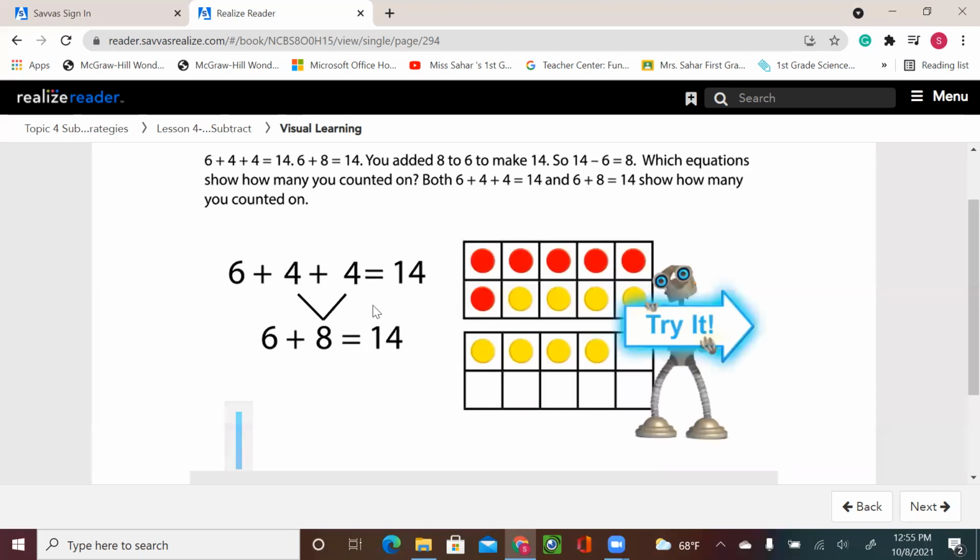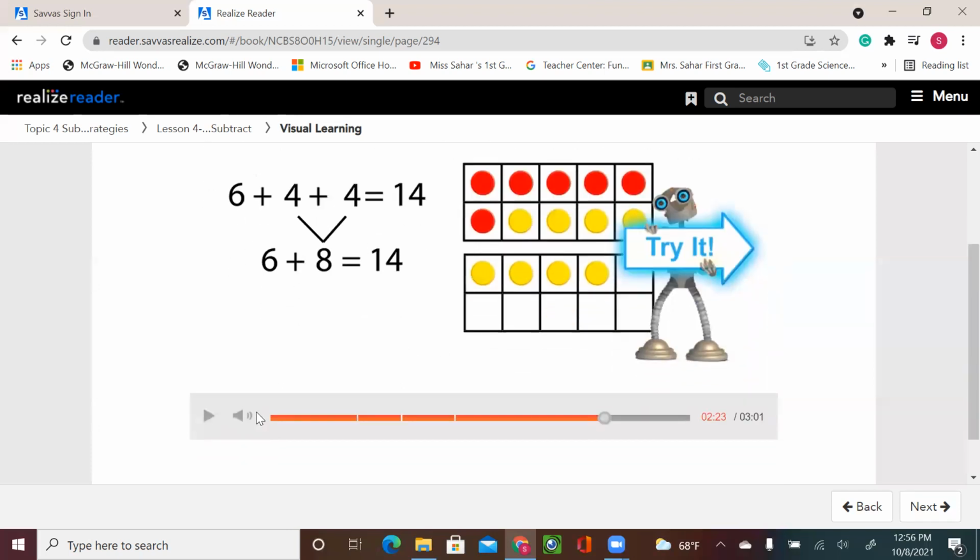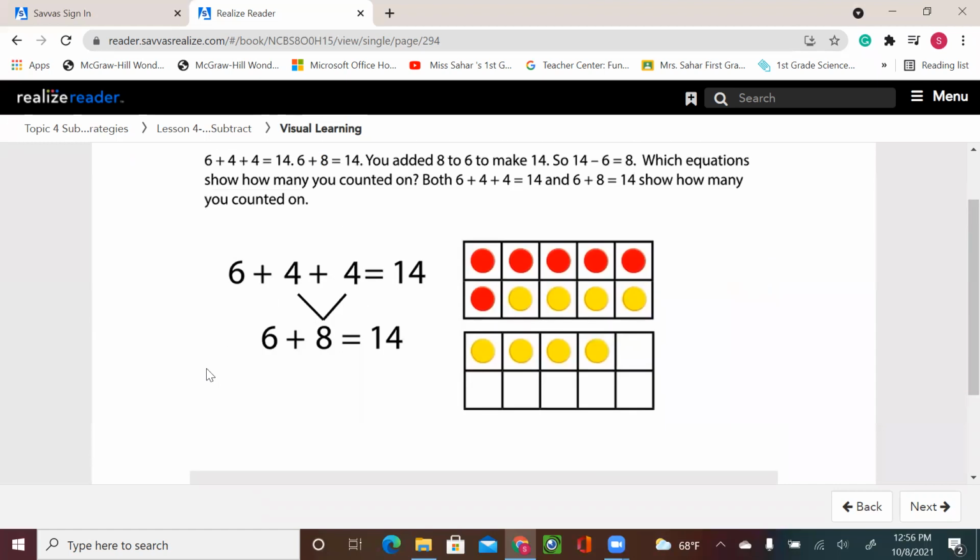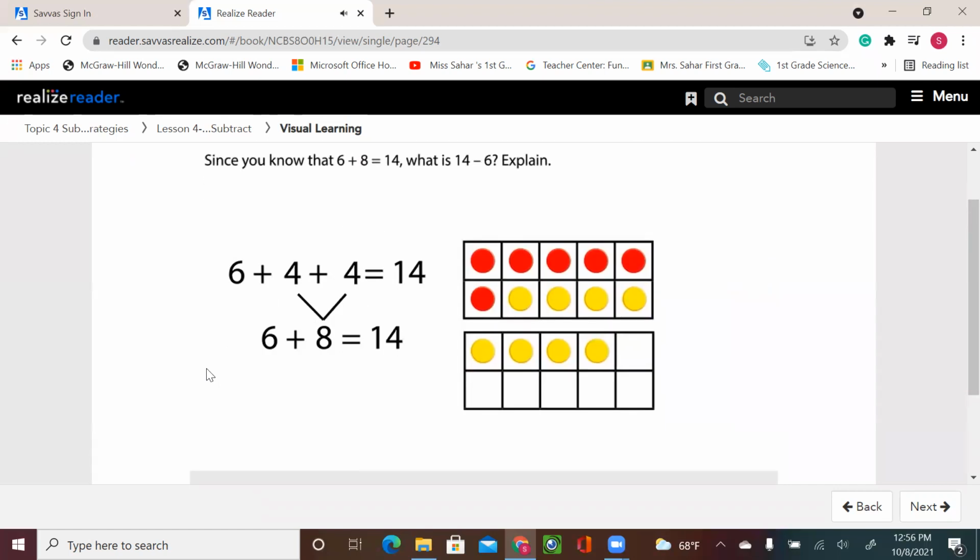So when you look at it, it explains what the 8 is, which we see now: 4 to make 10 and 4 to make 14. So that's why the total was 8. Since you know that 6 plus 8 equals 14, what is 14 minus 6?